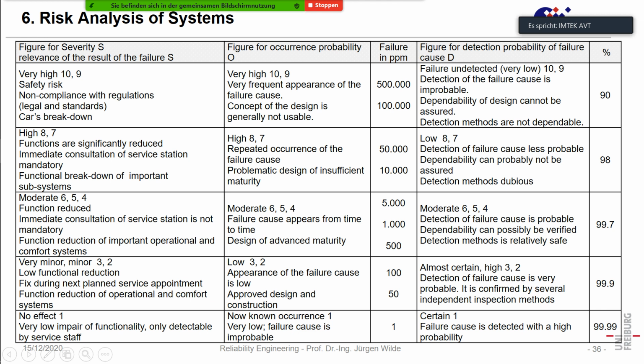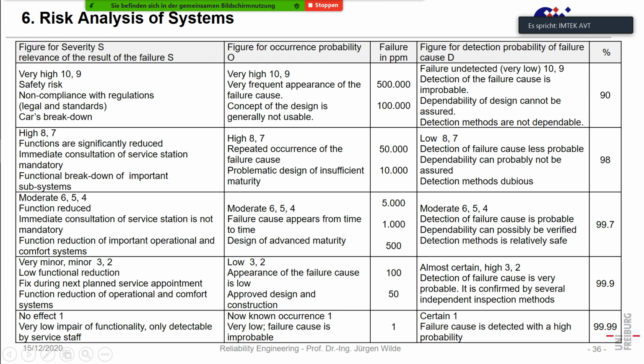What is also important is non-compliance with regulations. So when Volkswagen did their diesel fraud, normally that would be an extremely high severity factor here in our FMEA, because the car is no longer compliant with regulation, and that means the car in principle is no longer allowed to drive.